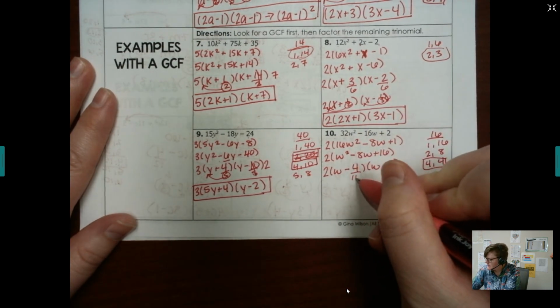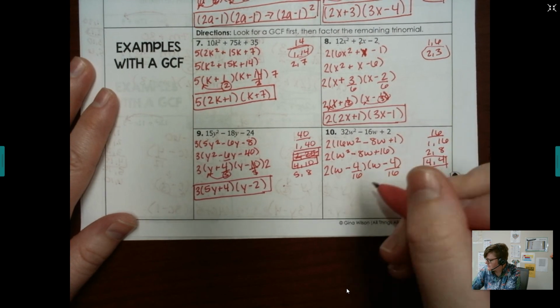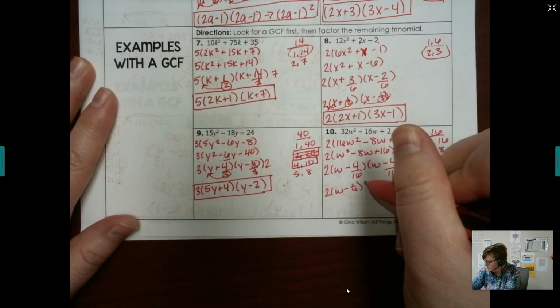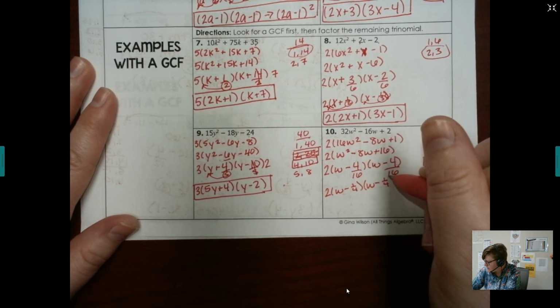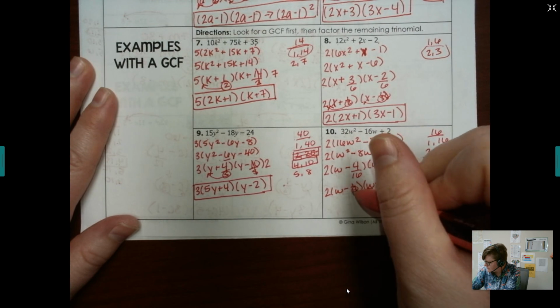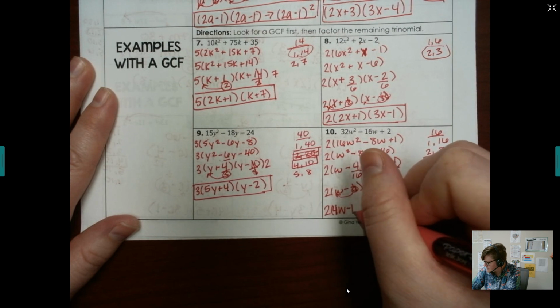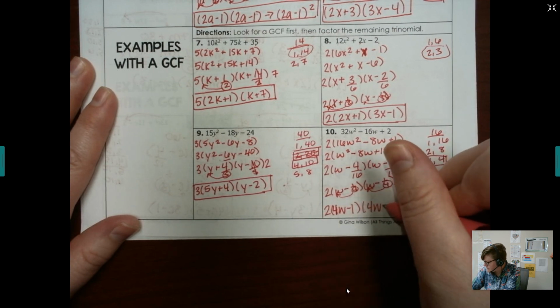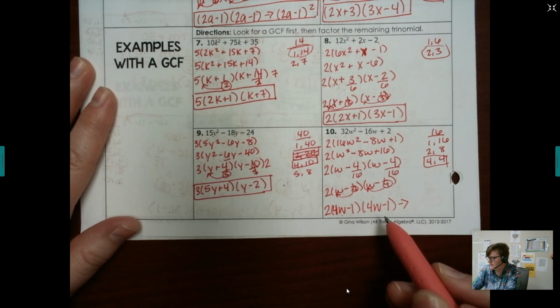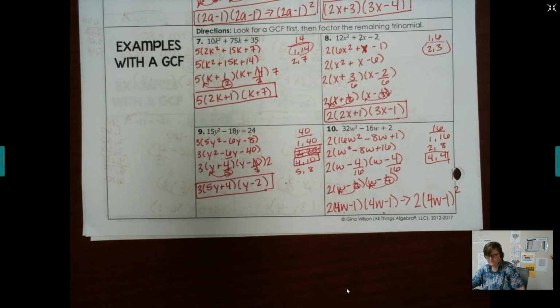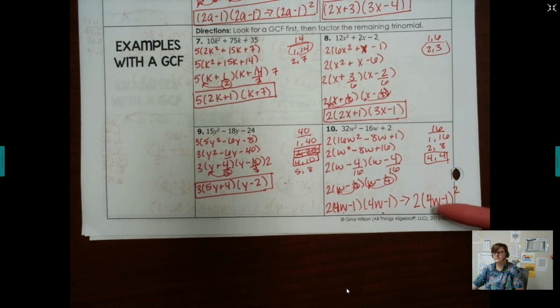And then we're dividing out that 16 on both. Bring that 4 out front on both. 2 times 4w minus 1, 4w minus 1. And remember, we got the same thing twice. We can rewrite that with the squared. And that squared only applies to the parentheses. It doesn't apply to that 2.